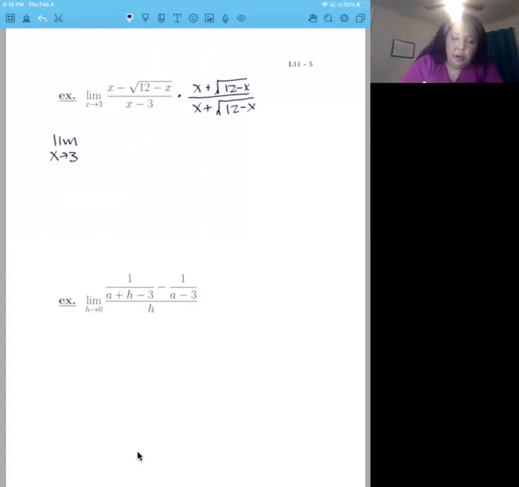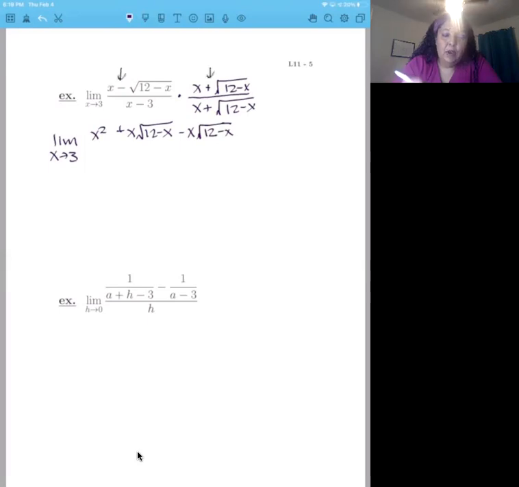In the numerator, I have an x times an x, which is an x squared. I have an x times the square root of 12 minus x, and then I have a negative square root of 12 minus x times x, and then I have the square root of 12 minus x times the square root of 12 minus x.